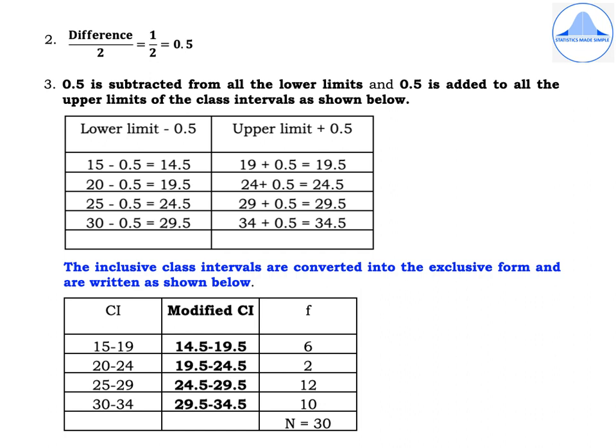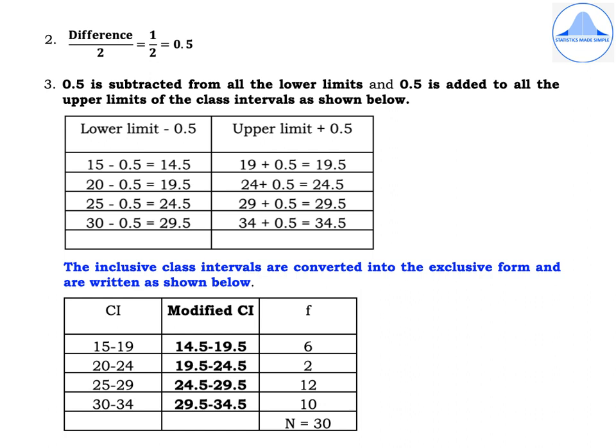So in the table, we have formed two columns, lower limit minus 0.5 and upper limit plus 0.5. In the first column, find out the differences. 15 minus 0.5 is equal to 14.5. 20 minus 0.5 is 19.5. 25 minus 0.5 is 24.5. And 30 minus 0.5 is equal to 29.5.